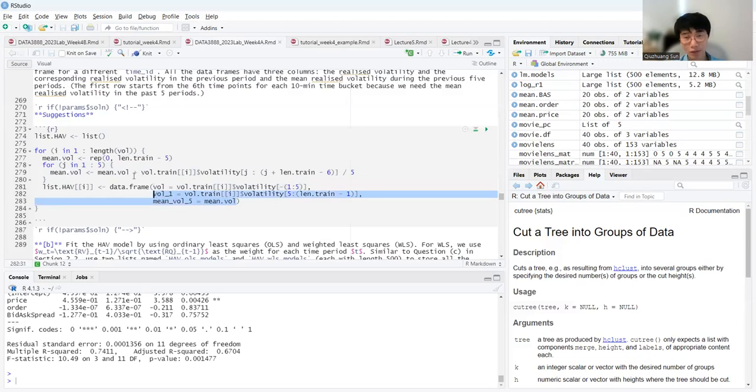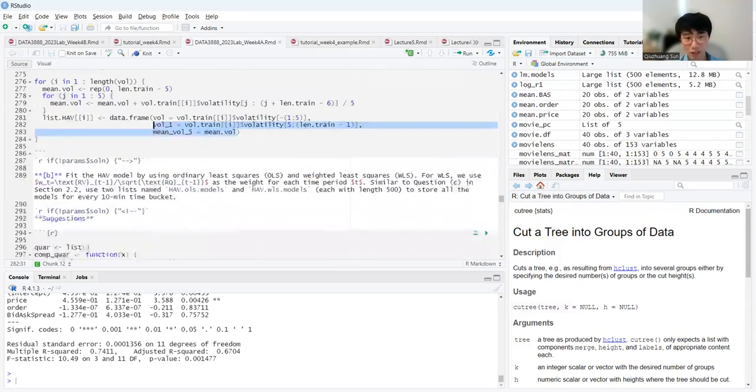So although the HAV-RV model is a time series model working on the time series of realized volatility, it's still a regression model in essence, because it just regresses the current realized volatility on the previous realized volatility and the mean realized volatility in the past 5 periods.